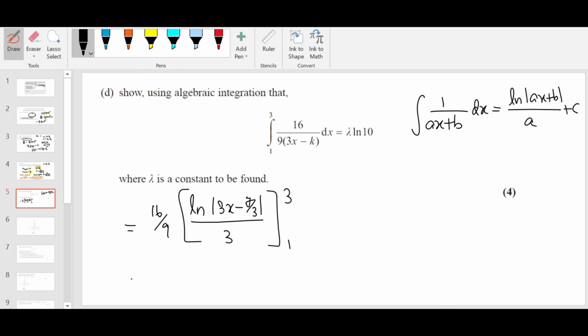So the next step is going to be 16/9. We are going to sub in the upper limit and lower limit. Replace x by 3.